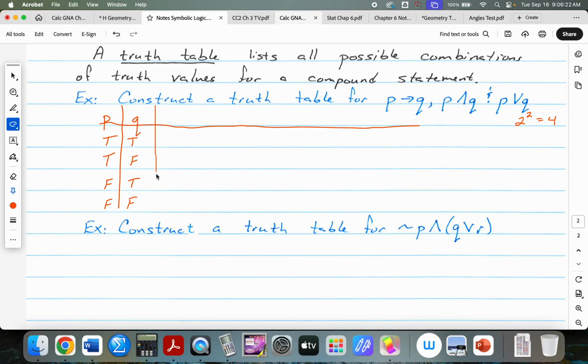All right. So I want to look at P implies Q. When will P implies Q be true?